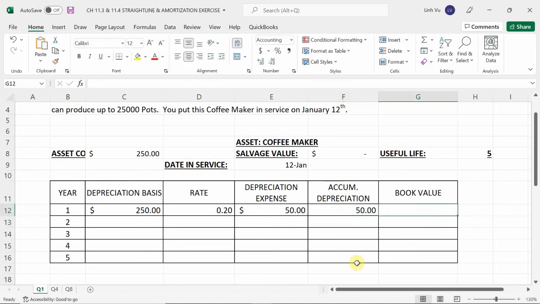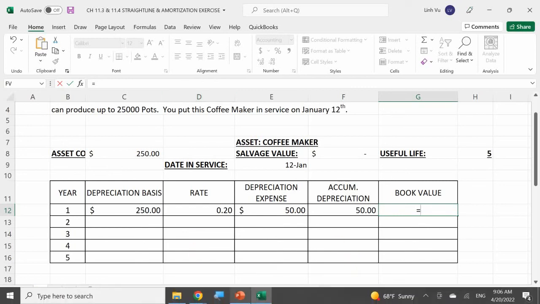Good. So then what's your book value? Could you show me, please, the book value?